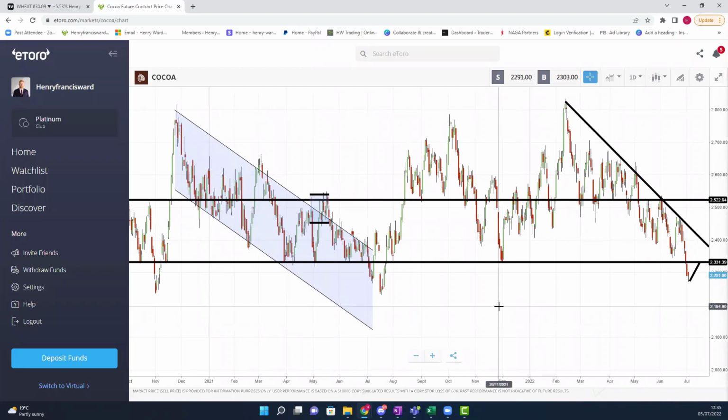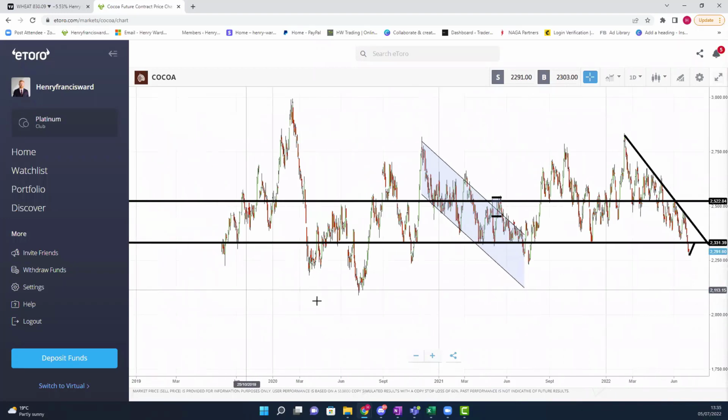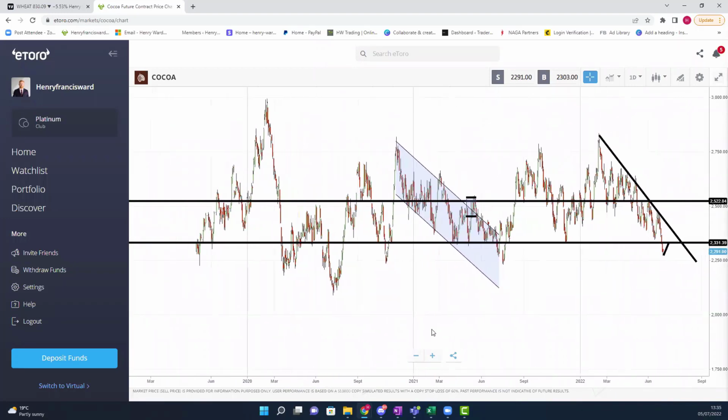So the question would be, looking at those two levels, would you trade off the horizontal, or would you wait for it to come back and hit the trend line and short the market?